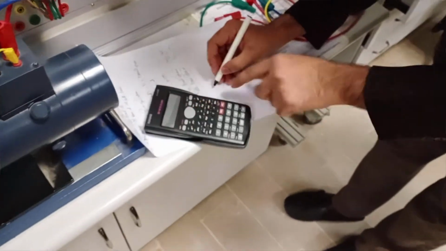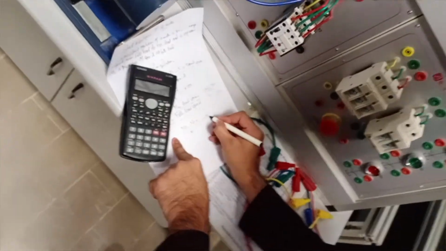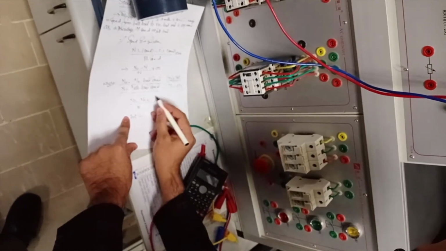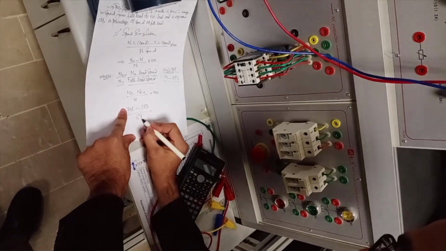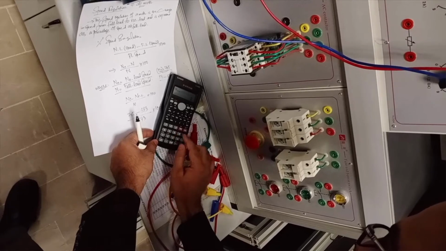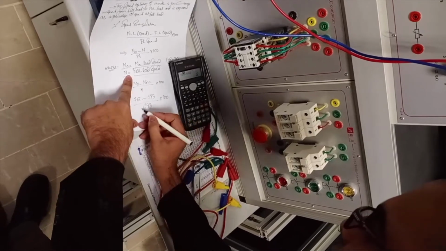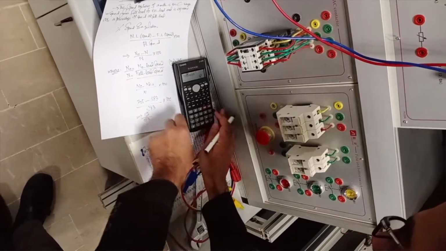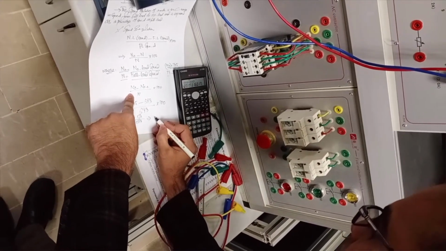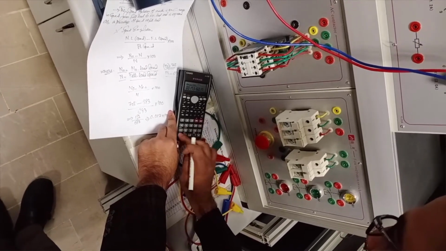Here we have the formula: N naught minus N, divided by N, where N is the full load speed, multiplied by 100. No load speed is 705 rpm, and full load is 693 rpm, divided by 693, multiplied by 100. 705 minus 693 is 12, divided by 693, which is 0.017, multiplied by 100 to get the percentage.